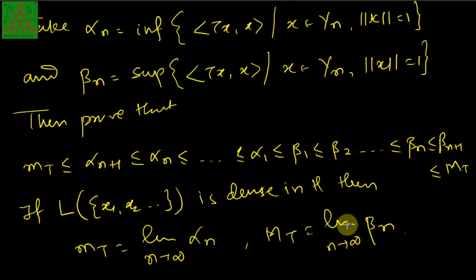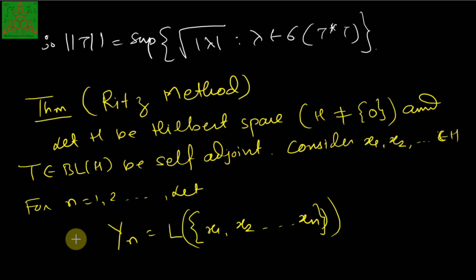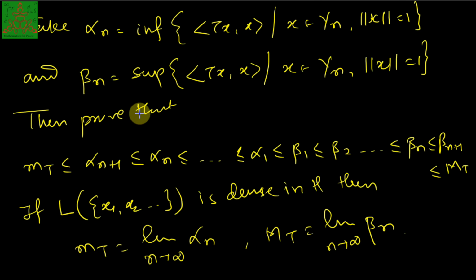So this is the statement of the Rayleigh-Ritz method, which tells you that if you have this finite linear span of elements of H, and if you define alpha n and beta n in this manner, then they satisfy these inequalities.